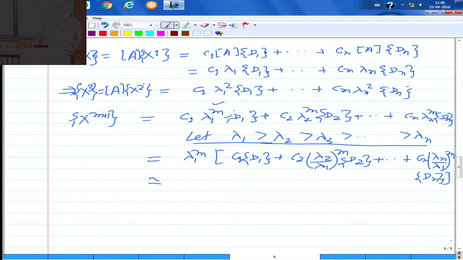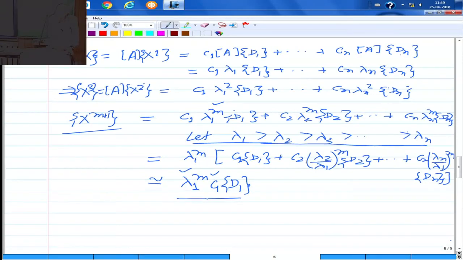So finally you can say that this would be approximately lambda 1 to the power m into C1 into D1. This is anyway a scalar multiplier, and C1 is also some scalar constant. So finally you would see x m plus 1 is actually proportional to the mode shape corresponding to the highest eigenvalue of this standard eigenvalue problem, A x equal to lambda x.